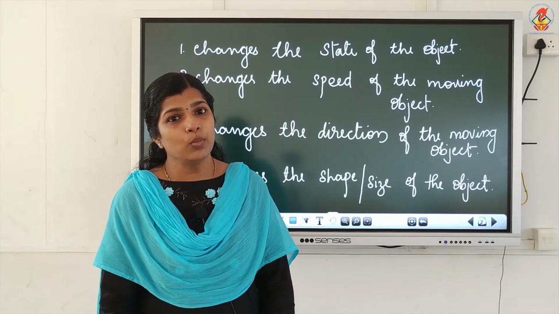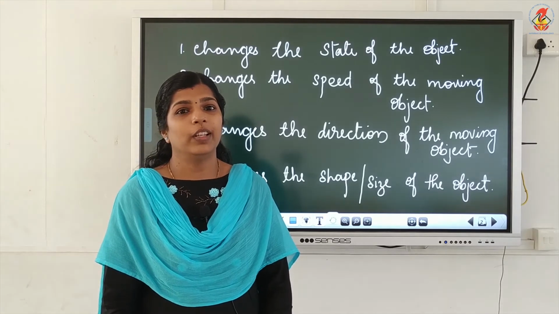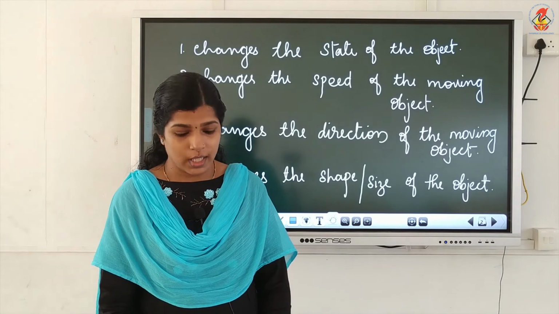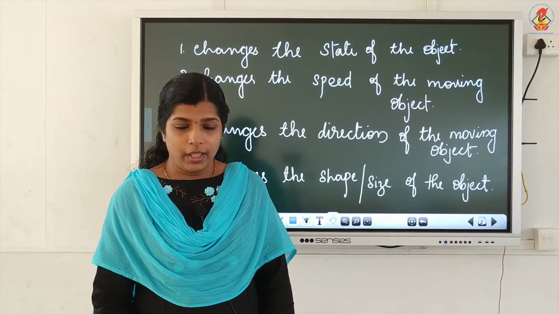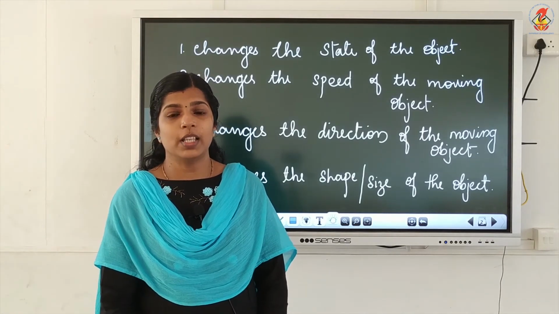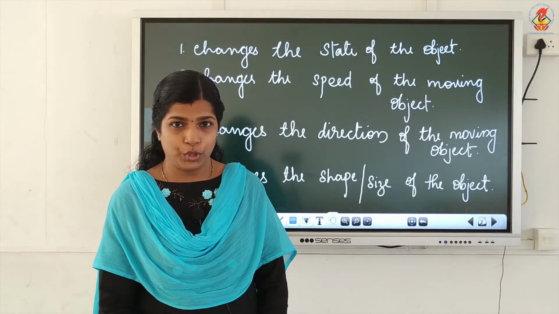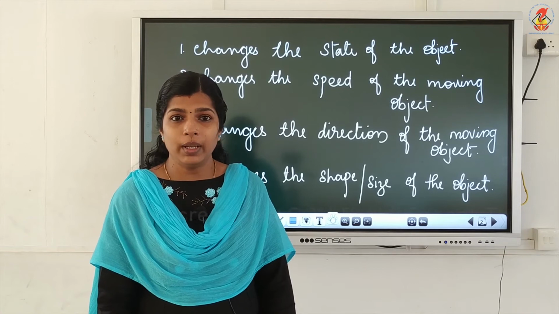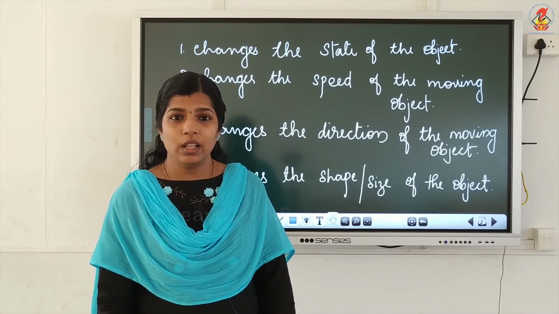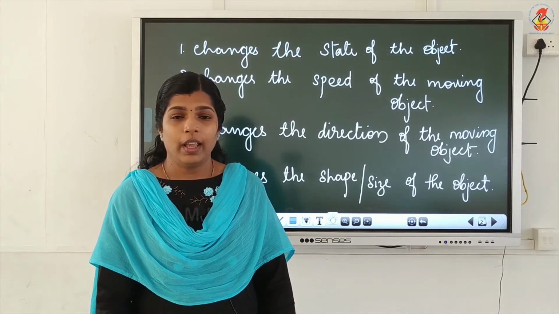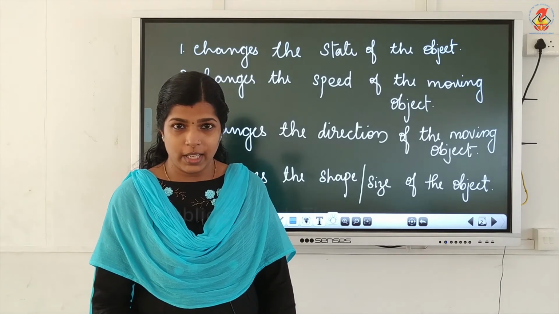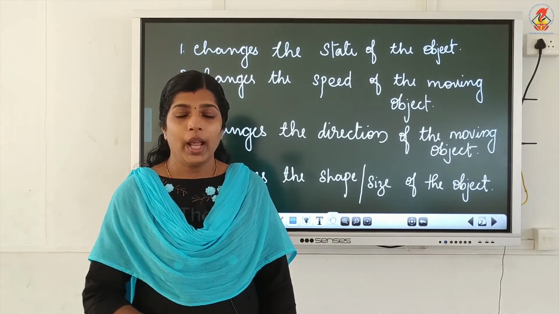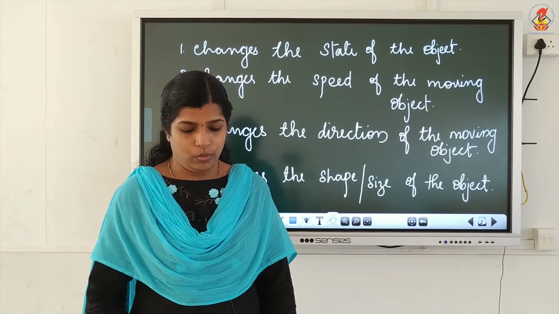If the object is moving, then it will not increase or decrease the speed. Okay. That we will explain after discussing the first law of motion. So, when two forces of equal magnitude act in the opposite direction on an object simultaneously, then the net force will be 0 and the object will not move.